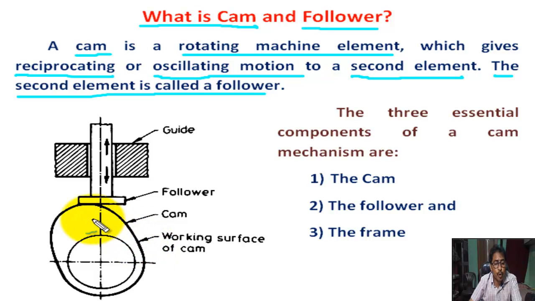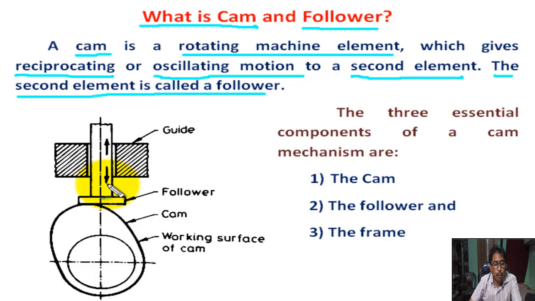When the cam rotates one time, the minimum radius comes in this position, and next time alternately the maximum radius comes in this position.